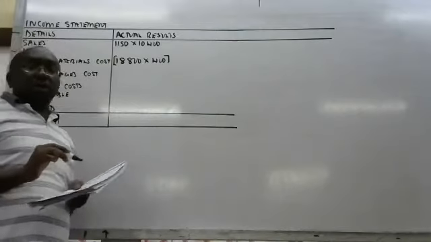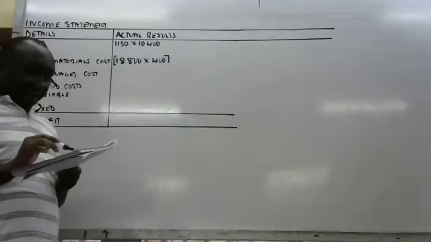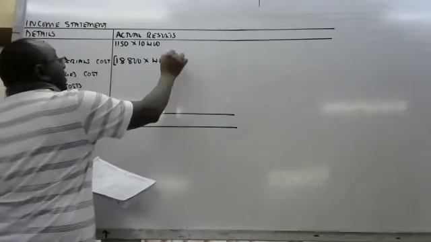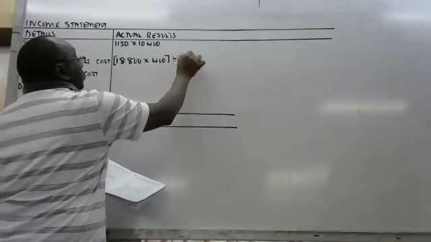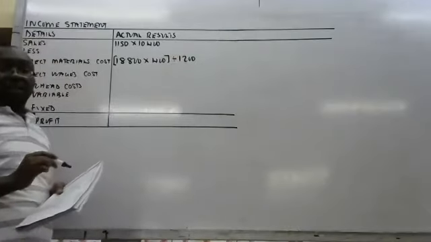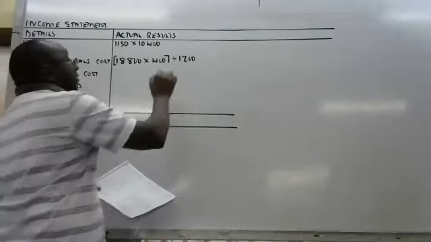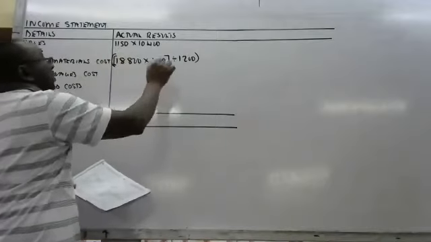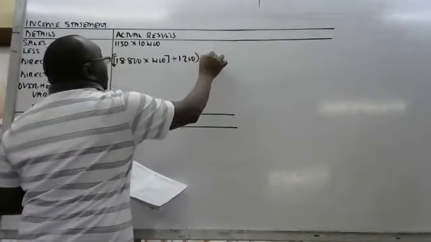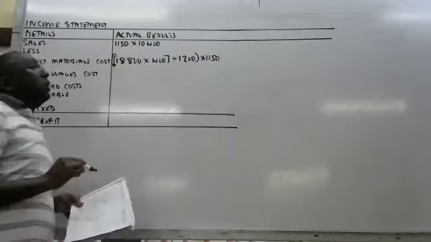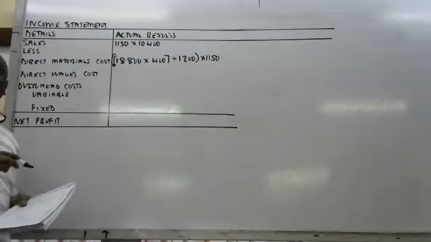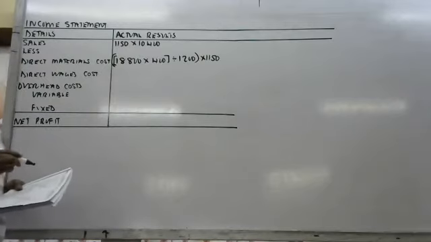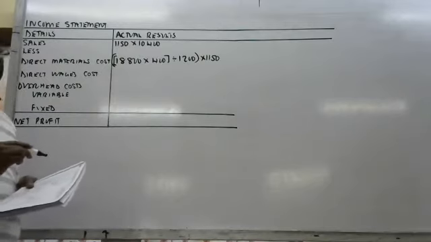But what was sold was 1150. So what you need to do is to divide this, first of all, by 1,200. Then you will multiply by 1150 so that you get to know the cost of the materials.